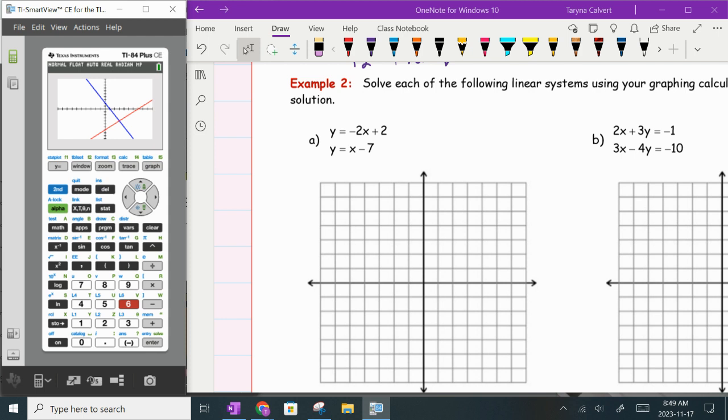So guys, if you have the app, hitting zoom 6 doesn't actually get you the graph in front of you. You actually have to hit graph, which is the very far right top button. So if you have the app, just hit graph. What did you do? You're separating. Hit the minus button and click on it.